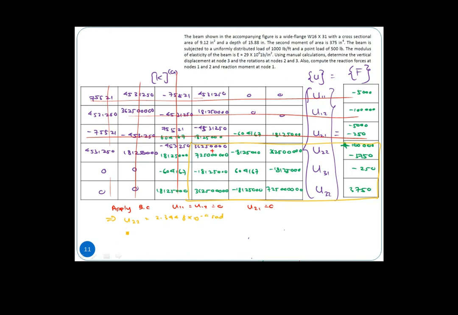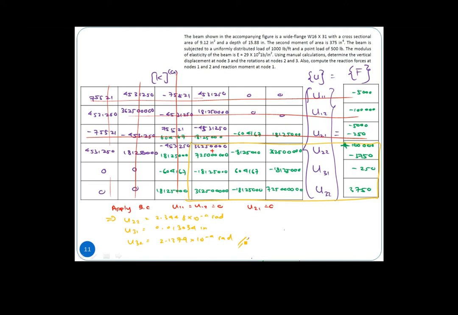And U31 equals 0.013034 inch. U32 equals 2.1379 times 10 to the power negative 4 radians. Okay, so that gives us our final results.